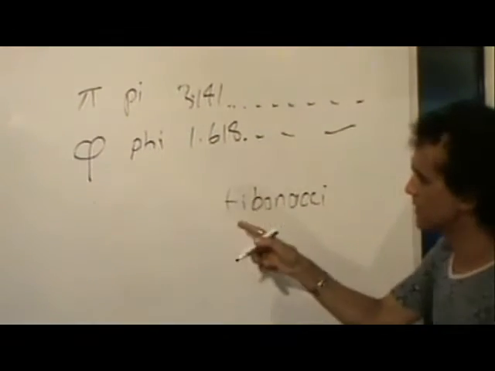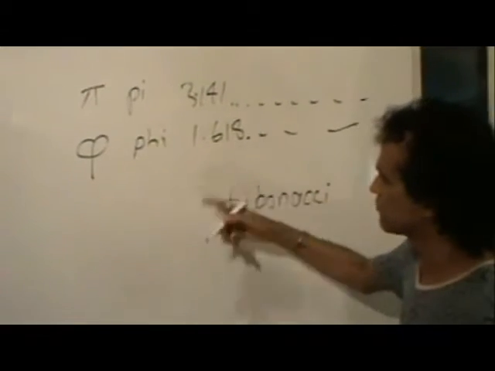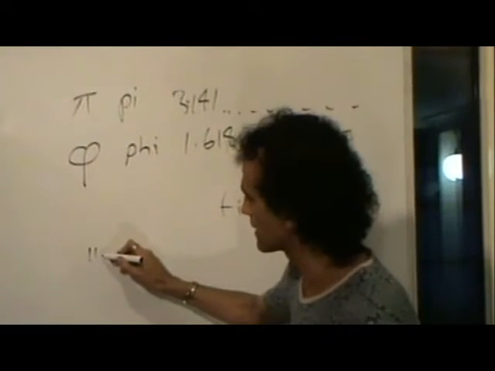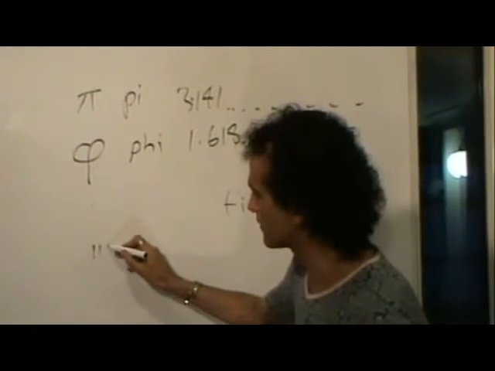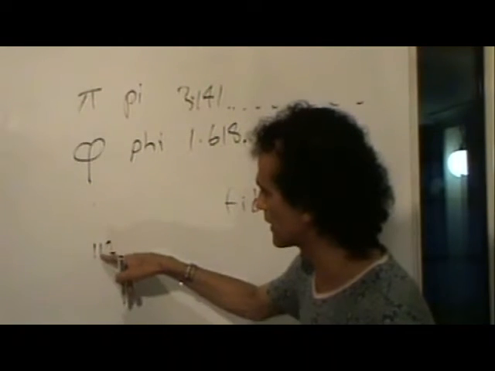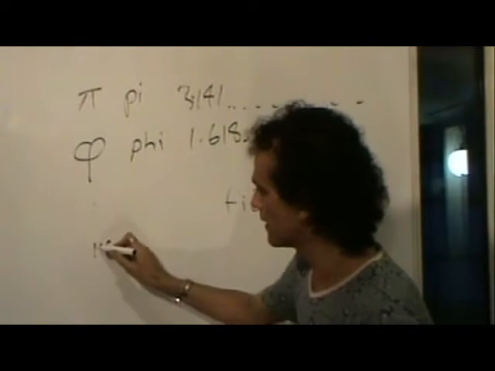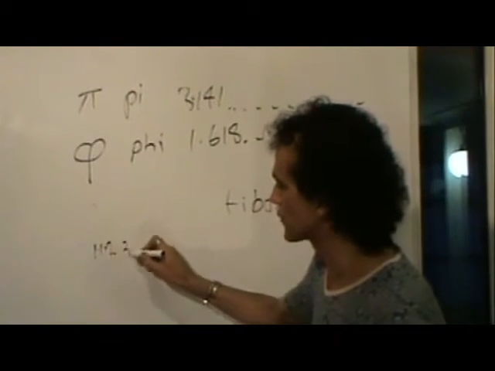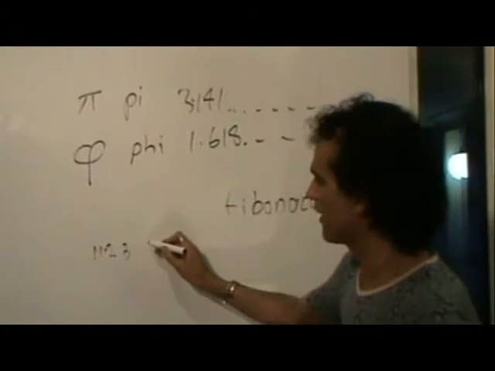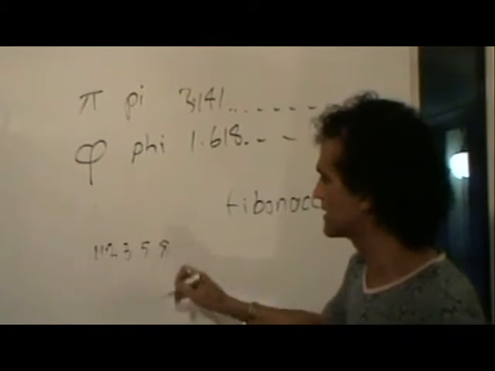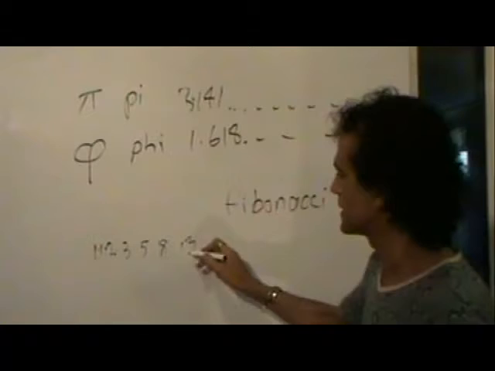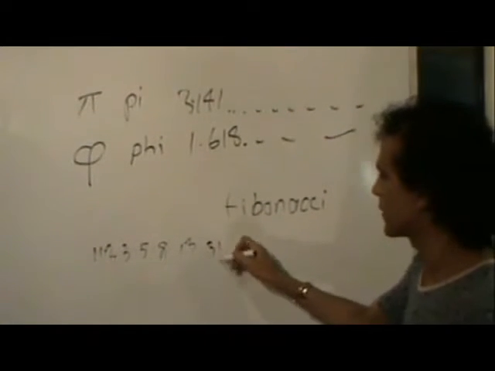Now Fibonacci discovered this ratio by adding 1 plus 1, which equals 2, right? And then 1 plus 2 equals 3. 2 and 3 are 5. 3 and 5 are 8. 5 and 8 are 13. 8 and 13 are 21.